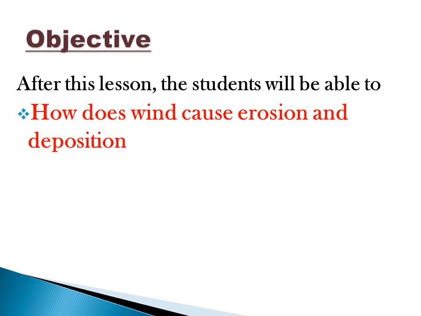In such areas, sandstorms are common, and even strong winds blowing over loose soil can reduce visibility. So let's see, how does wind cause erosion and deposition?